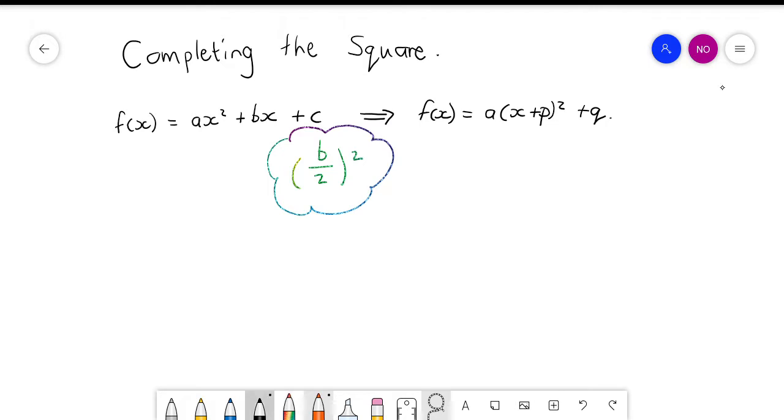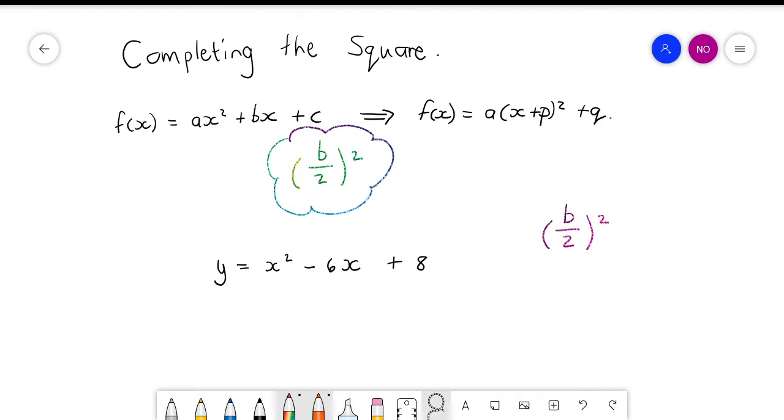Okay. So let's start off with a relatively simple one. Okay, and now I'm going to say b over 2 squared.